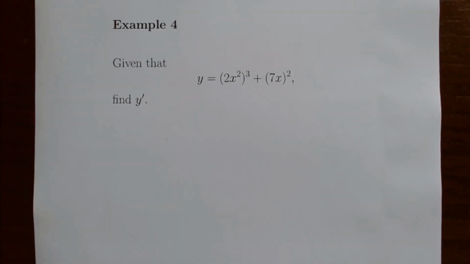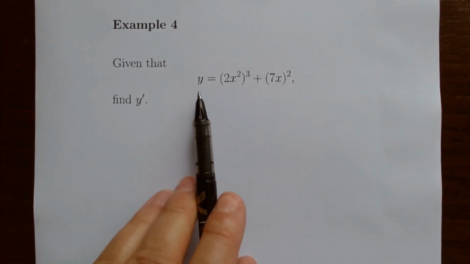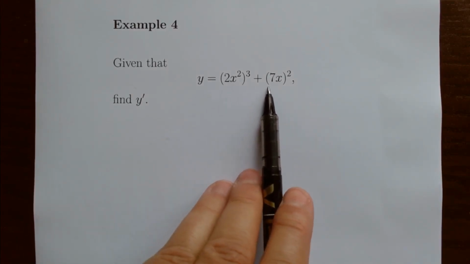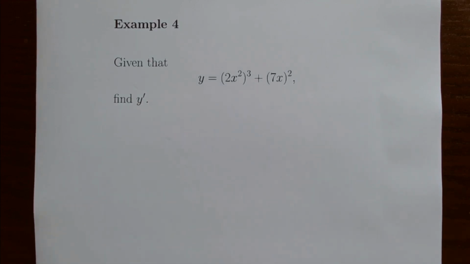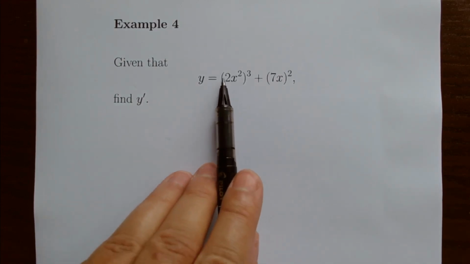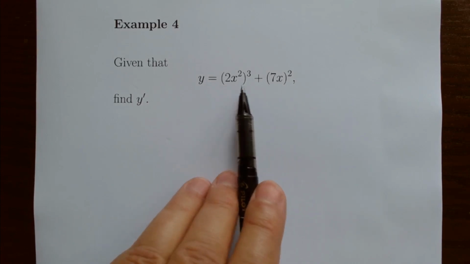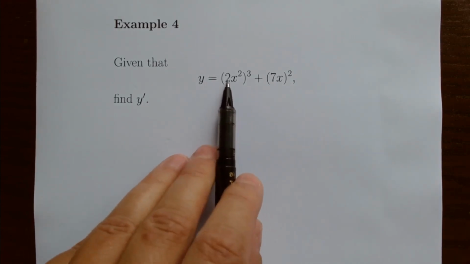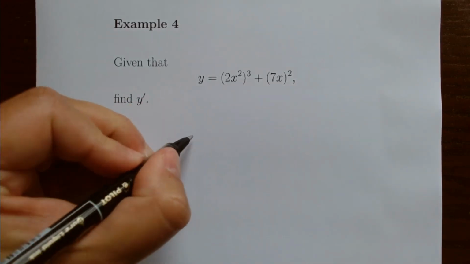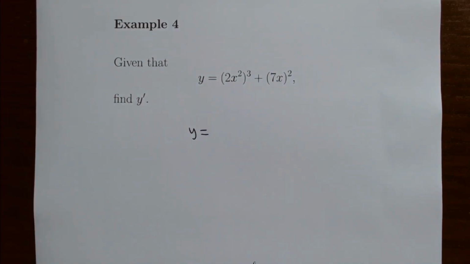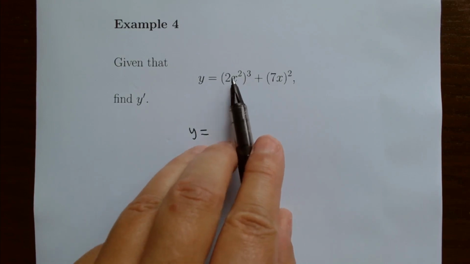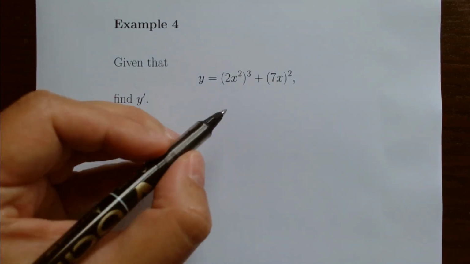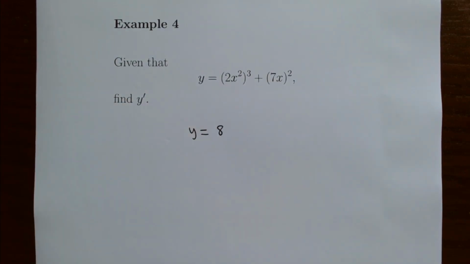Okay, example number 4. We're given a function here, and we need to find y dash. We need to differentiate it. And we can see that there's some brackets, so we can't differentiate it straight away. We need to expand the brackets and then differentiate. So let's do that. So here we need to cube all of this. So the 3 acts on the 2, it cubes the 2. 2 cubed is 8.